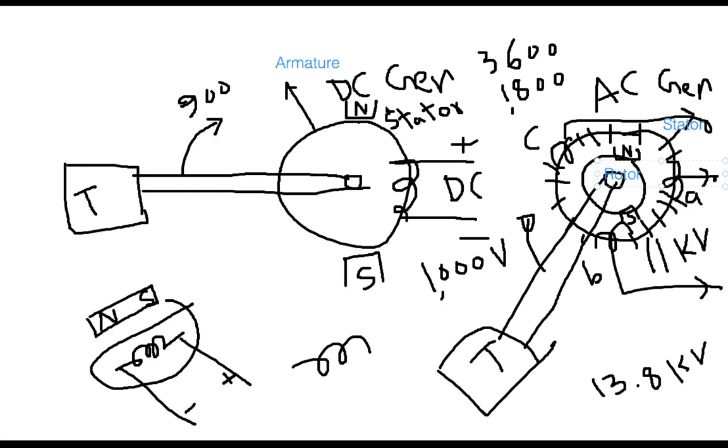In case of DC generator, the coils rotate. So the armature or the coil rotates with the help of shaft and turbine, but the magnetic field remains stationary. That will be the first engineering point. And then you can say that DC generator produces DC, AC generator produces AC. But don't say that as the first point.